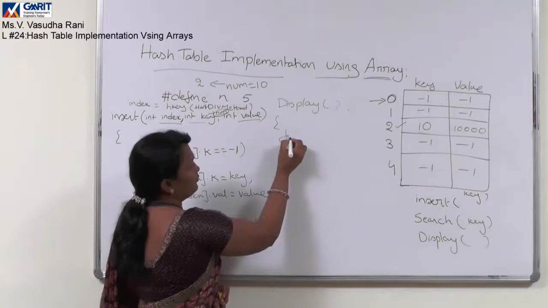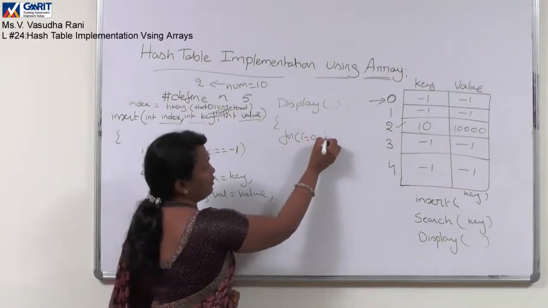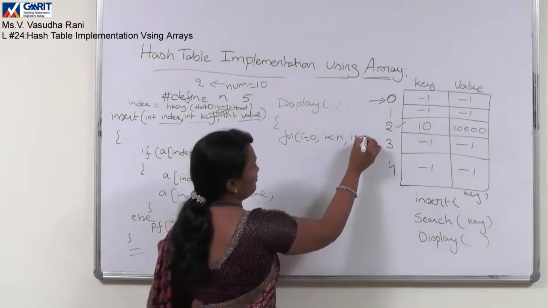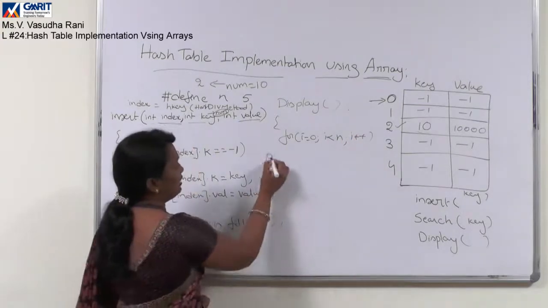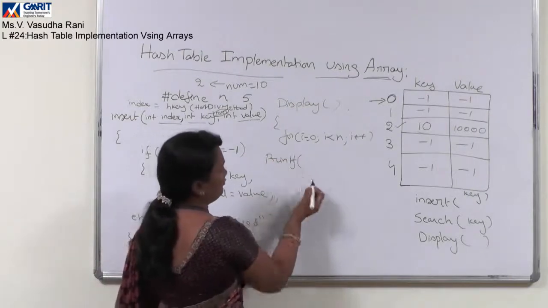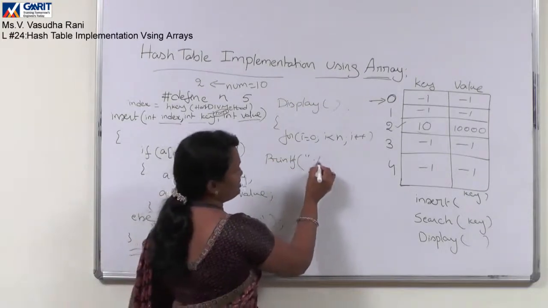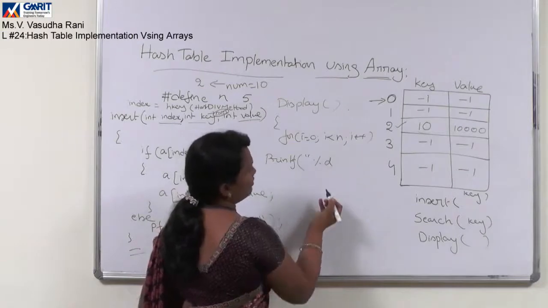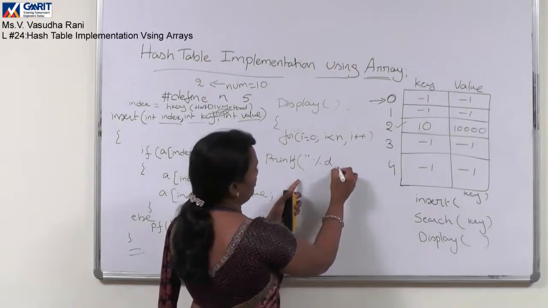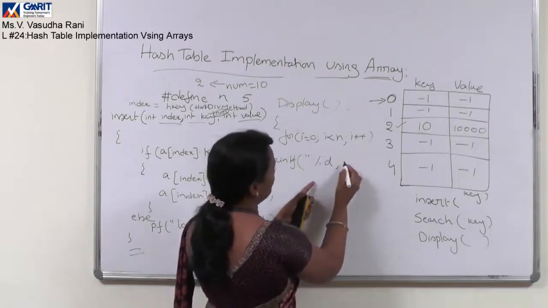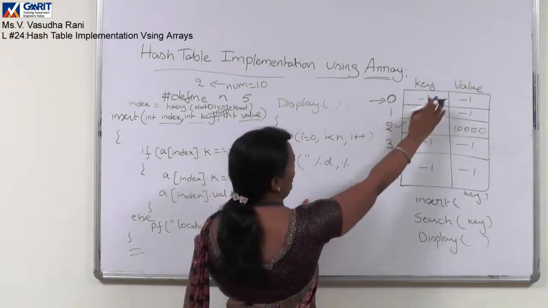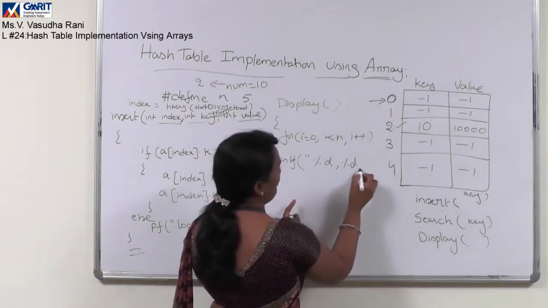It's simply for I equal to 0, I less than the table size, I plus plus, we have to print the index I, and in that particular I, what is the key and what is the value.